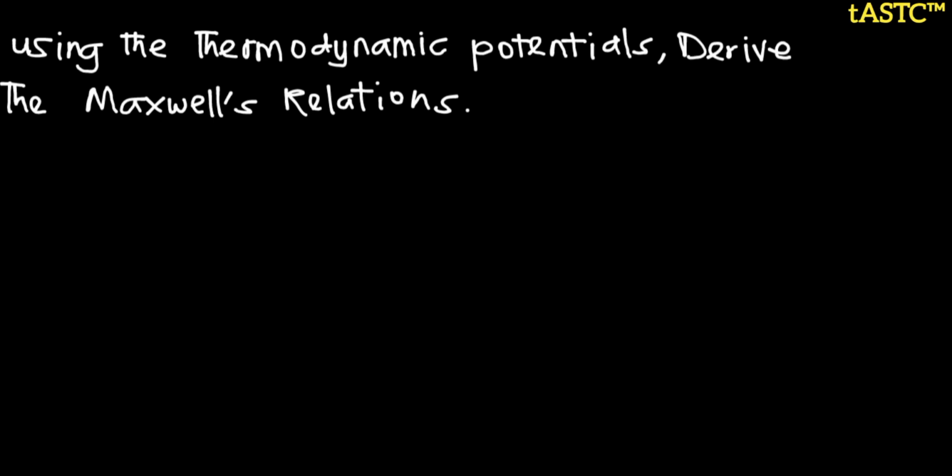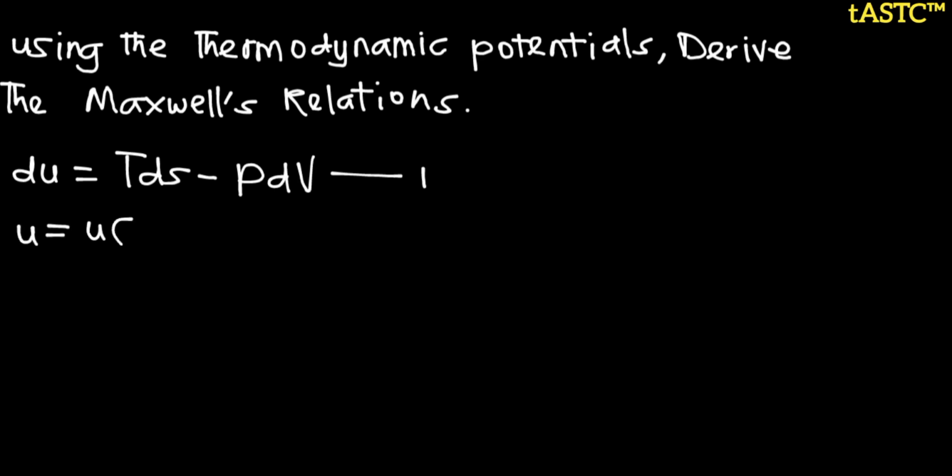So from the first thermodynamic potential equation, we have that dU is equal to TdS minus PdV. Now, let us say this is equation 1. We also know that U is a function of S and V. So let us find the natural derivative of U, that could also be called the total derivative.